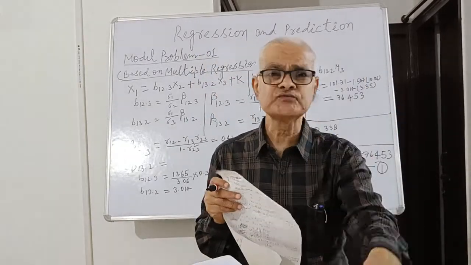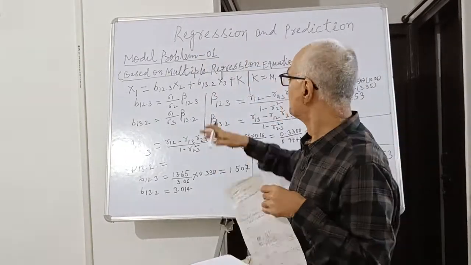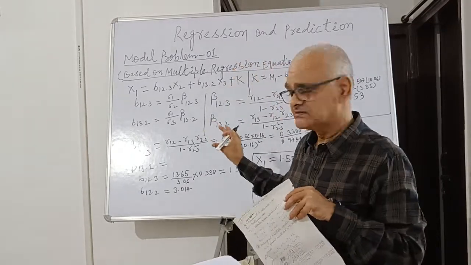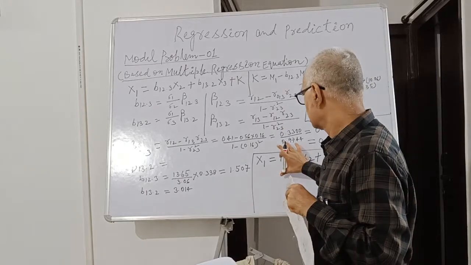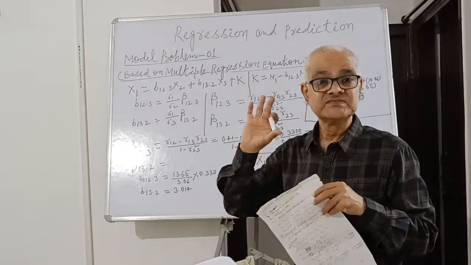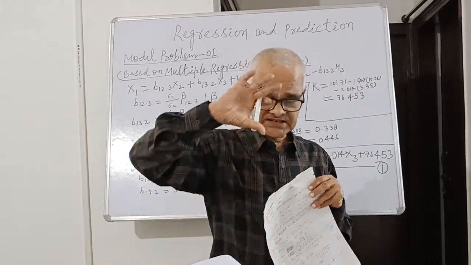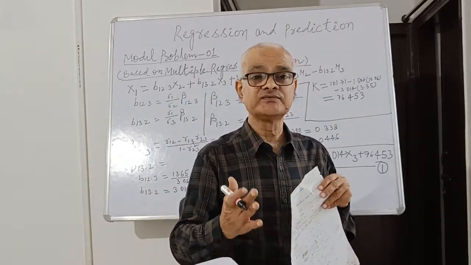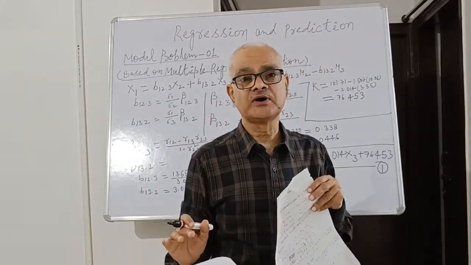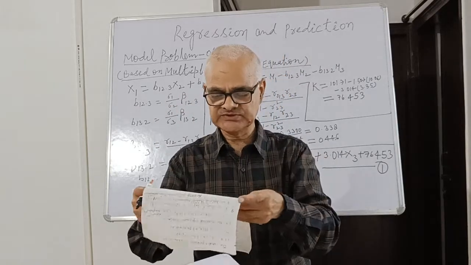So you can also find a multiple regression equation in this way in order to predict a dependent variable with the help of the combined effect of two independent variables.